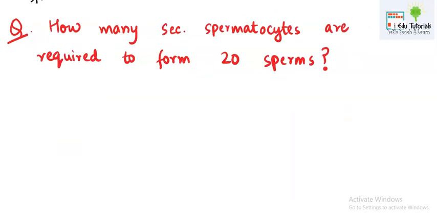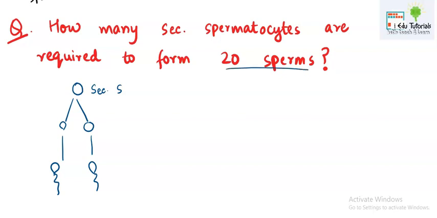Next question is how many secondary spermatocytes are required to form 20 sperms? So we are starting with one secondary spermatocyte, and one secondary spermatocyte gives birth to two spermatids, and these two spermatids actually mature to form two sperms. Again, one spermatid will give rise to one sperm, right? So how many sperms are given? 20 sperms, and we need to calculate the secondary spermatocytes.